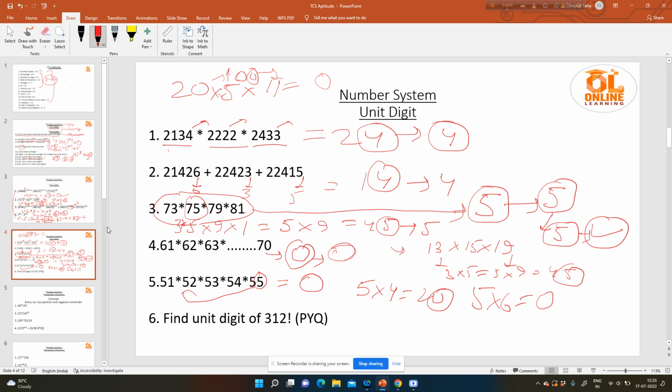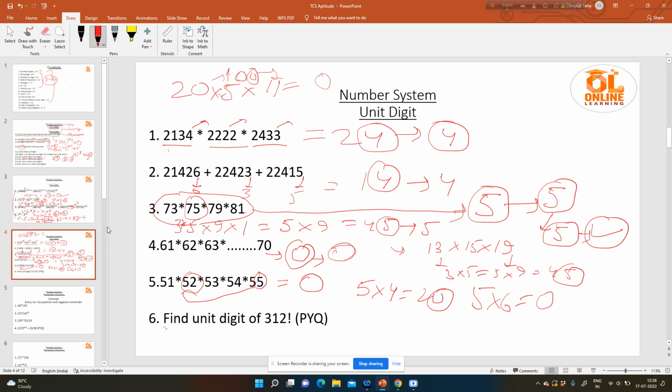So if 5 is present and even a single even digit is present, then your unit digit will be 0. If 5 is present and only odd numbers are given, then your unit digit will be 5. And if there is a 0, that is a multiple of 10 is present, then your unit digit will be 0. Okay, hope you have understood.